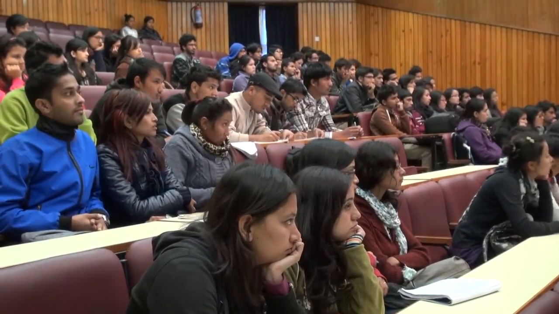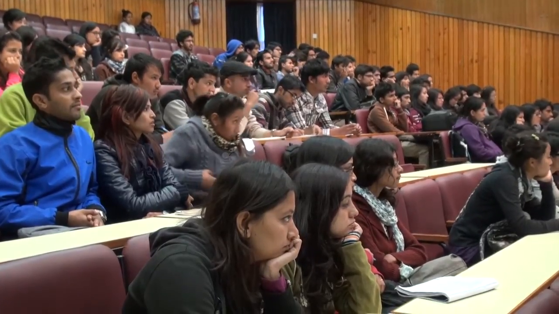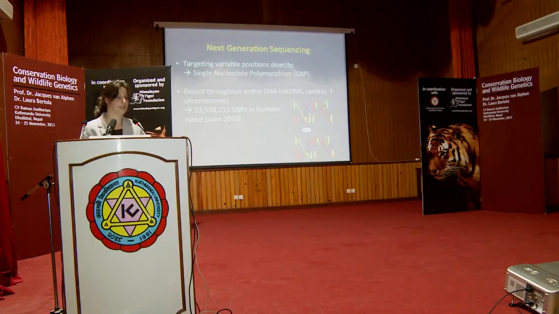And so this is almost the same picture I've shown before for the point mutation, and because it's the change of only a single base pair, we will call it a SNP. And what's interesting about SNPs is they are found throughout the entire genome. And I've mentioned before, if you study the mitochondrial DNA, you only have an insight into the maternal lineage, which can give you some good basic insight, but it's not the complete picture.